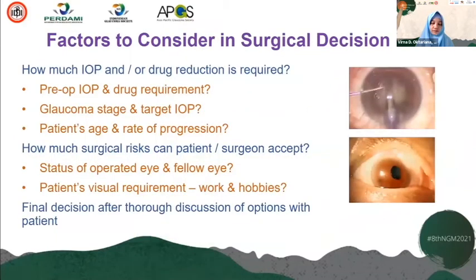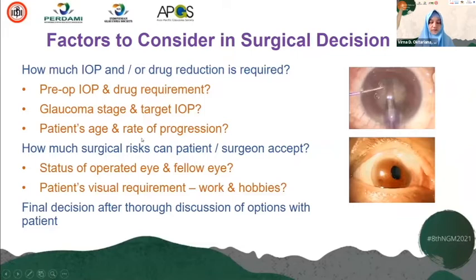Now, what are the factors to consider in deciding how far you have to go in reducing intraocular pressure? I think there are several important factors you need to take into consideration. First of all, the preoperative intraocular pressure and drug requirement. You have to consider the stage of the glaucoma and also the target intraocular pressure you want to achieve.